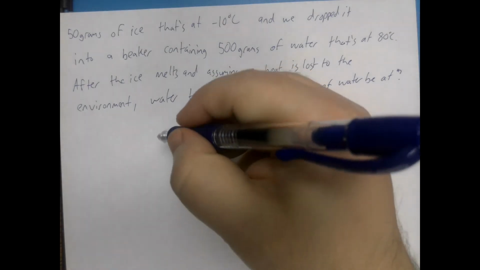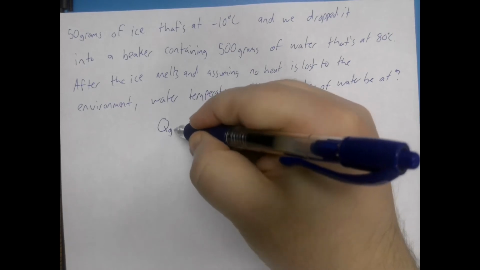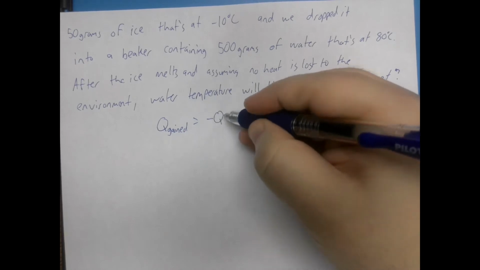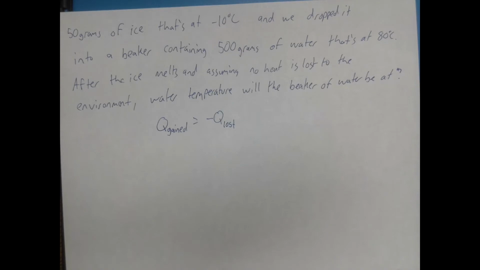So our equation is heat gained is equal to negative heat lost. So in a system, heat always transfers from something hot to something cold. So the colder object is going to be gaining heat, while the hotter object is going to be losing heat.